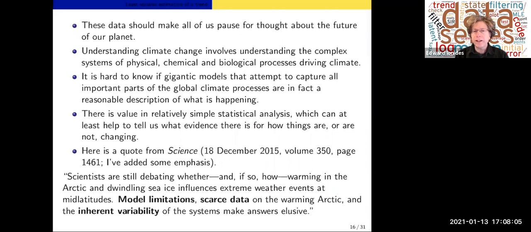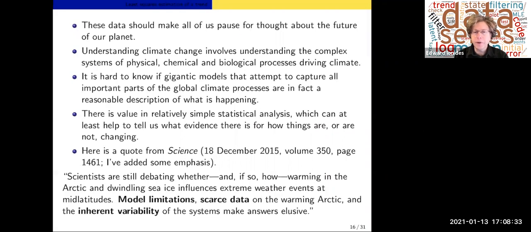But there's also value in relatively simple statistical analysis, which is really more focused on the core data. You want to understand temperature, you measure temperature and you see where it's going. And you can see how different things are or are not changing, or are not correlated. Here's a quote from Science, back in 2015, that I've added some emphasis to.